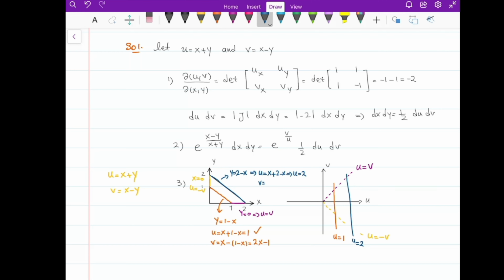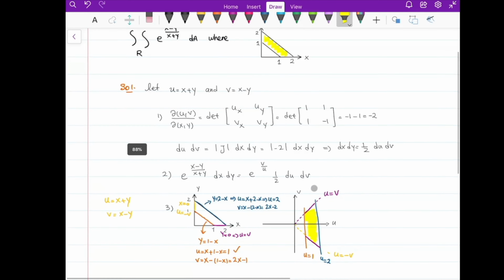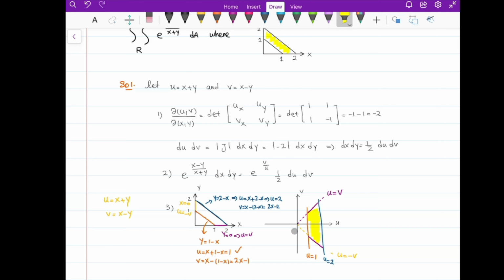If you want, you can see that v is going to be x minus (2 minus x), which would be 2x minus 2, which would be somewhere else, but I'm gonna pick these ones as my region. And let me just check and make sure that my region is correct. Look at the region. It is this one, that one, this one, and that one.